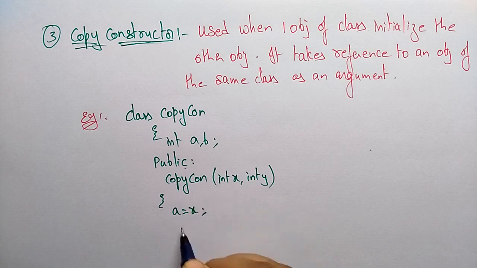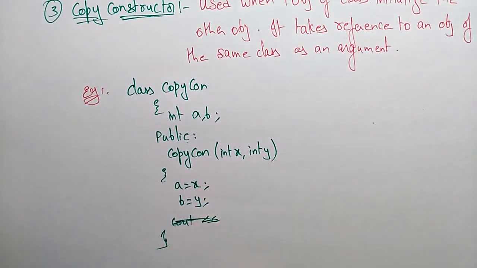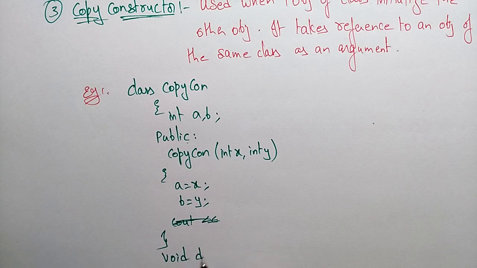Now a is equal to x, b is equal to y, and here the cout is some statement showing the initialization of the constructor, whatever it may be. Just close the copy constructor. Now I'm taking a void display also.